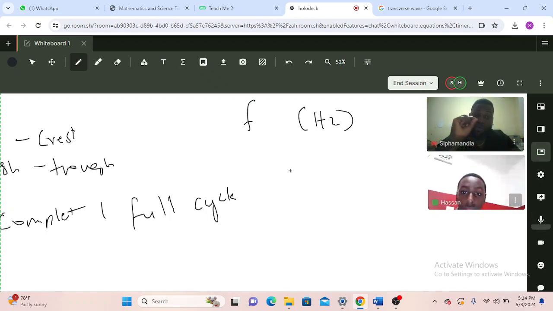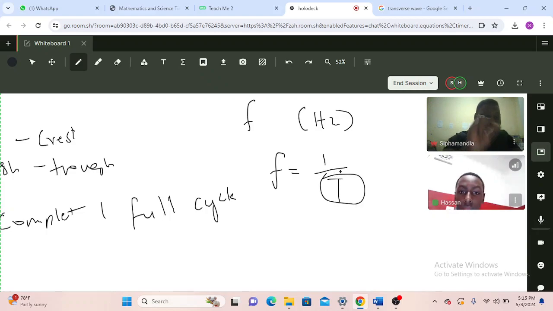The first one is frequency equals 1 over T. T is the time it takes to complete one full cycle, which is what we call the period.